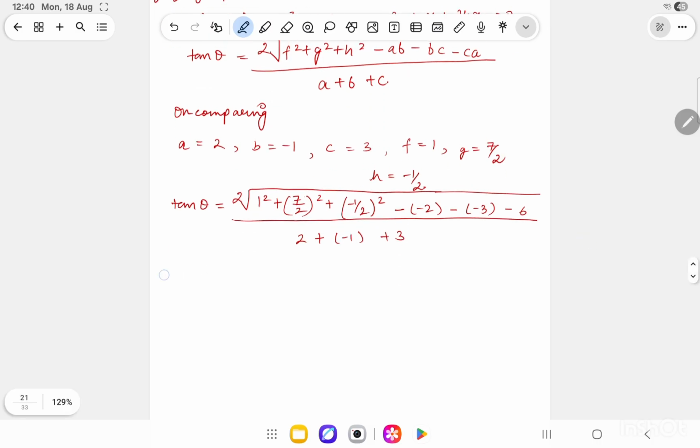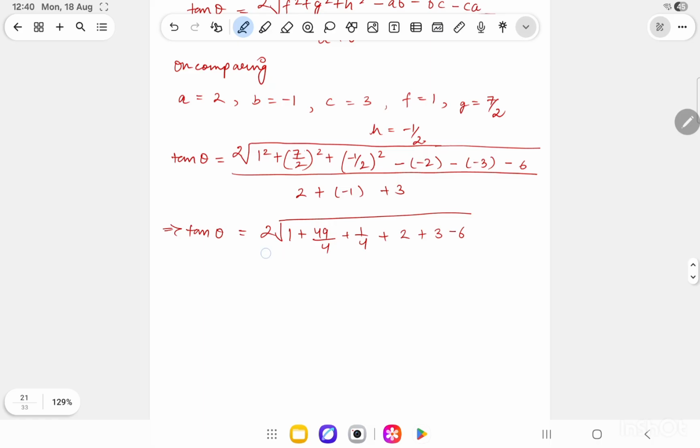Which gives tan theta equals to 2 under root 1 plus 49 by 4 plus 1 by 4 plus 2 plus 3 minus 6, upon 3 plus 2 is 5 minus 1 is 4, which is equivalent to 2 under root 50 by 4 upon 4.